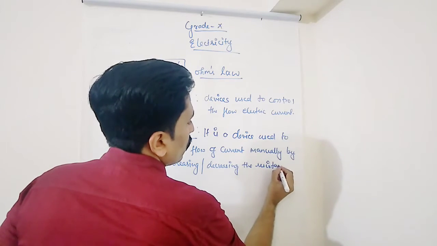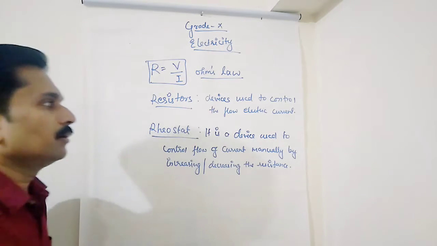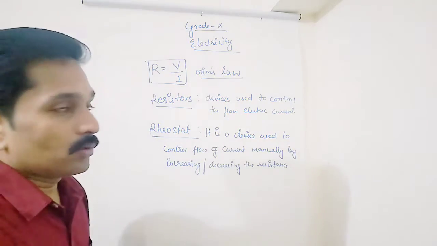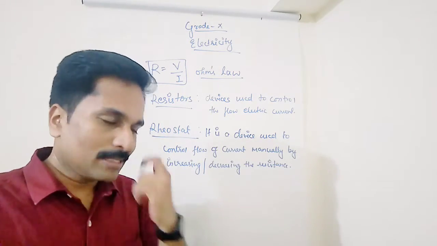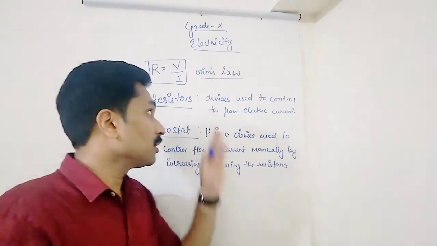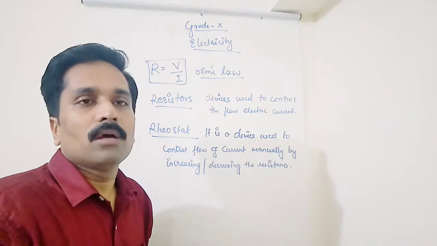That is what a rheostat is. Fine. So if you want, you may copy down these notes while looking at the class. And these are the devices which are used in the case of resistance.